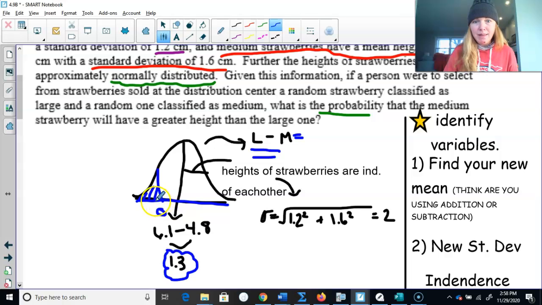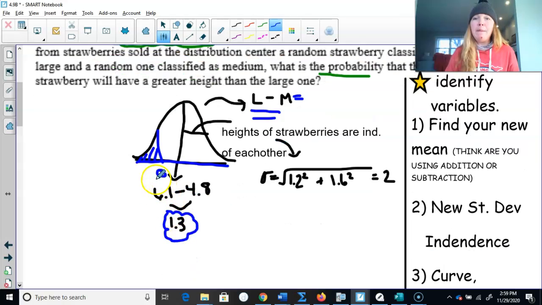But anywhere to the left of 0 is a negative number. If I get a negative number, that means the medium strawberry is bigger than the large, because a smaller number minus a bigger number is going to give us a negative number. So my observation is 0 here.